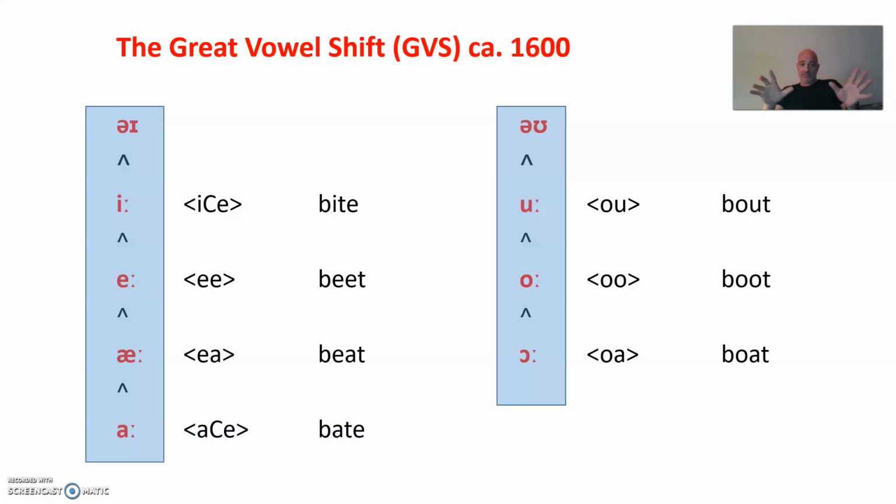Therefore beat becomes bait, and bait becomes beat, and bad becomes bait, something like this. On the other side, long U is diphthongized, oo becomes O, and O becomes oo.